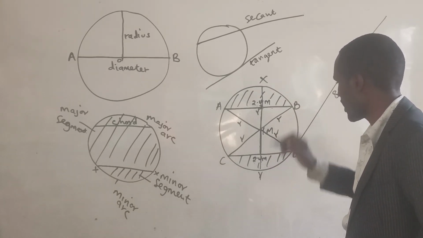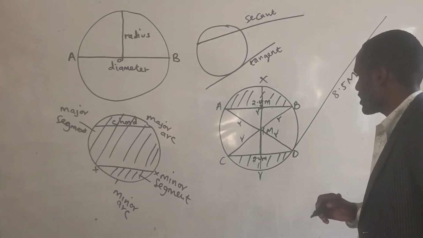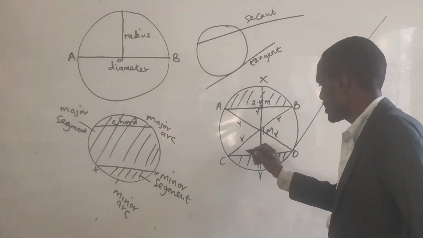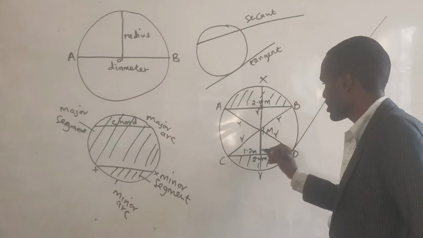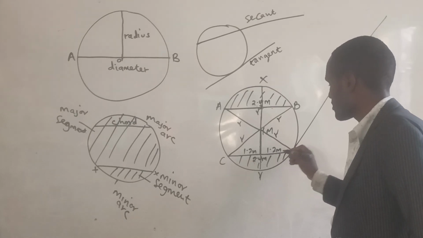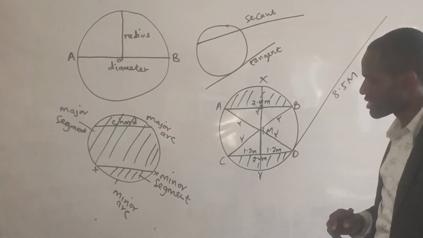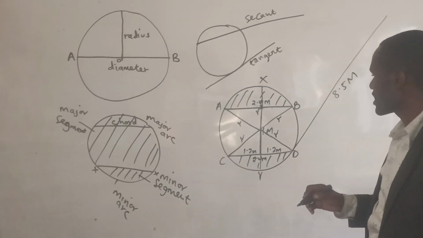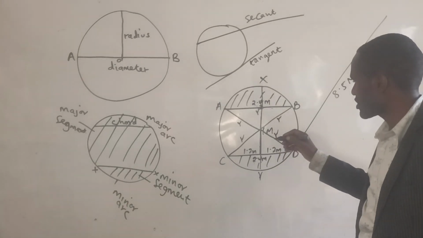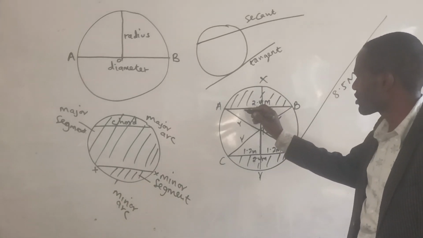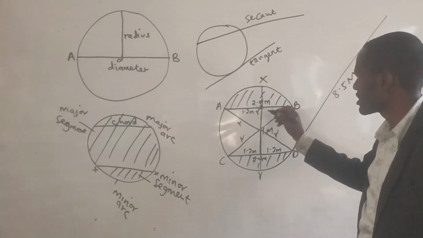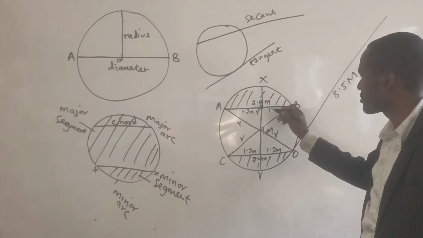So this is also r. I can say this is 1.2 meters, and again 1.2 meters. And that means this is also 1.2 meters, and this is also 1.2 meters.